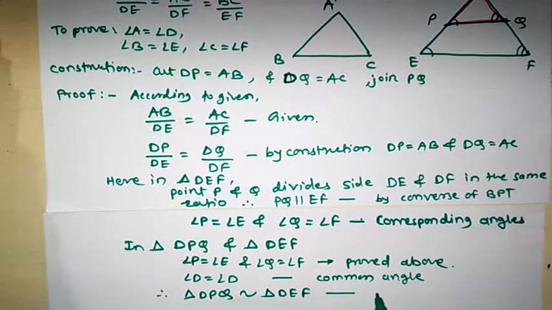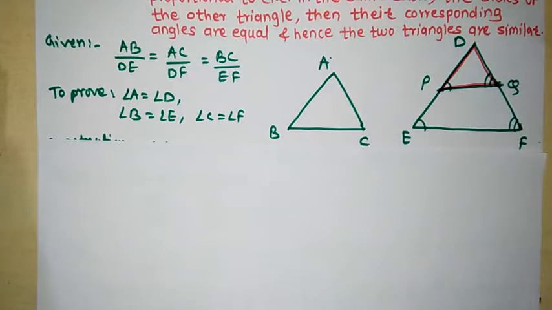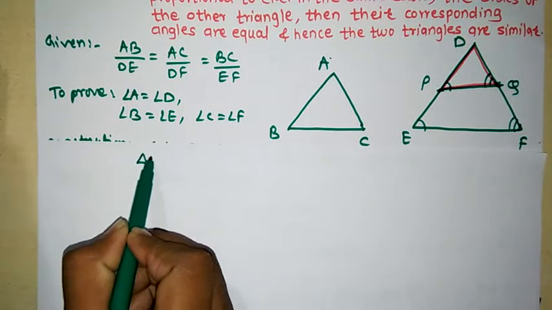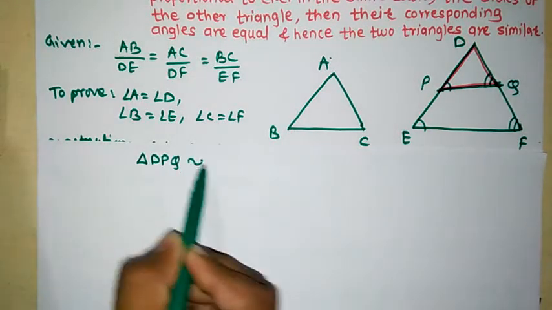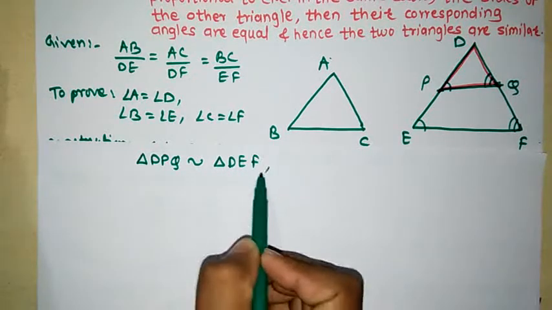By the triple A similar criteria, these two triangles are similar. We got here triangle DPQ is similar to triangle DEF.